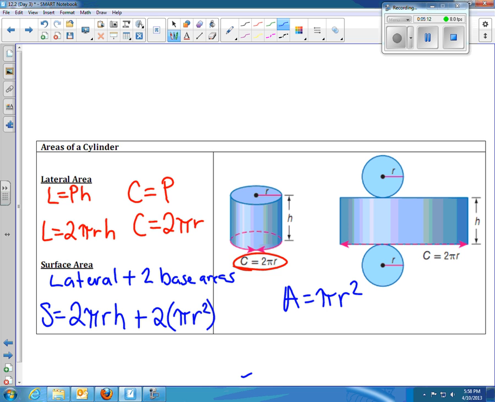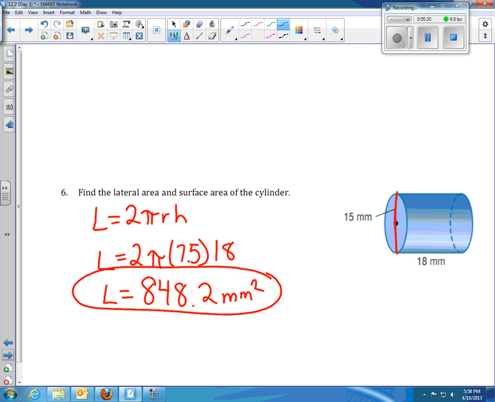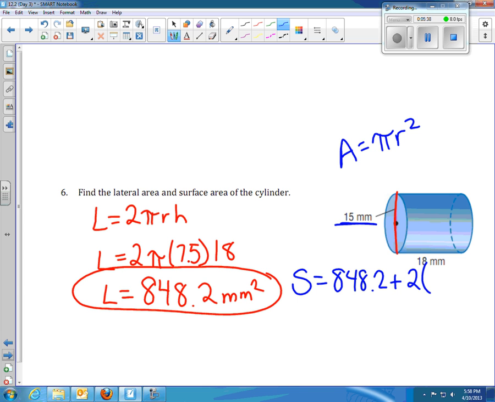So we actually went through and found this lateral area piece for all the problems. So now we just have one little more piece to do the next part. So surface area is our lateral area, which we found, plus 2 times the base area. Base area, remember, is pi r squared. So our radius, remember we talked about our radius, wasn't the 15?